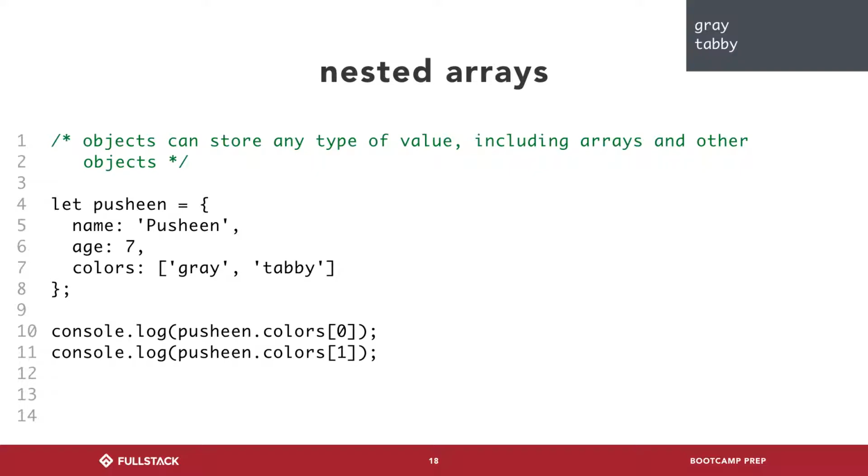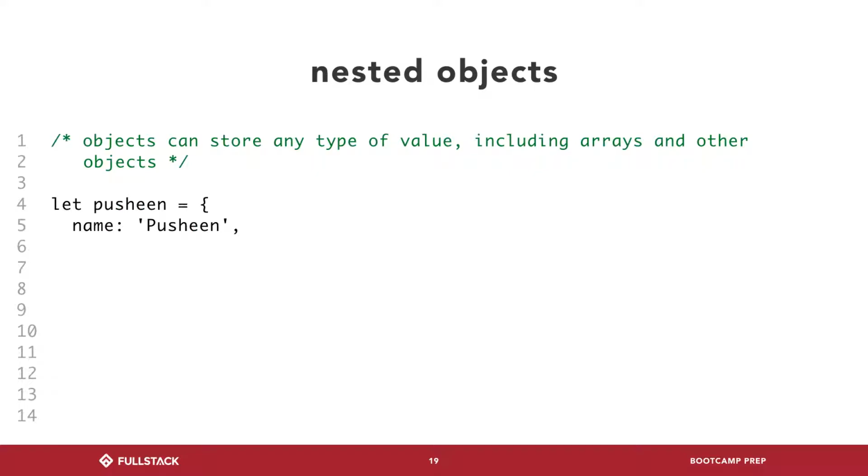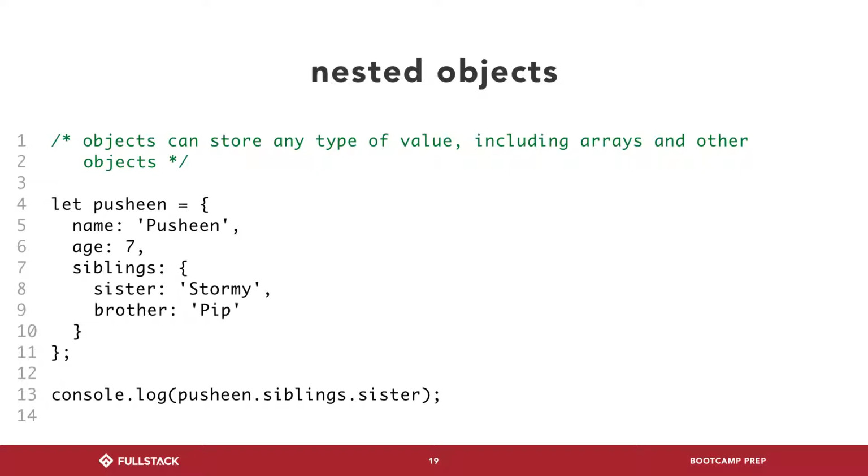But that value could be something like an array, like multiple strings. It could also be another object too, right? And so the same way that we can nest arrays, we can nest objects, and vice versa. Objects can also be infinitely complex, depending on how you want to set them up.